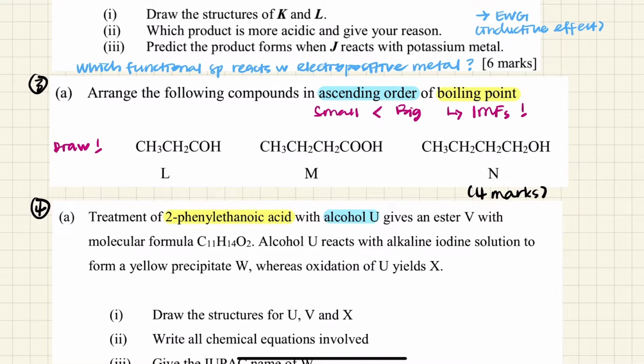So boiling point, we will be talking about intermolecular forces. So what you need to do is draw out your compounds, because sometimes if you don't draw your compounds, you will mistake their functional groups. So what I want you to do is to draw.